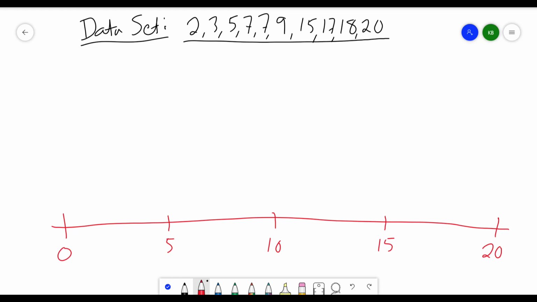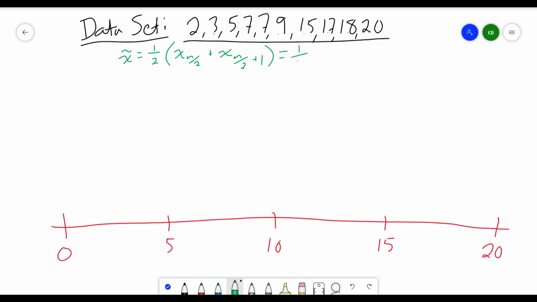So once you've got your number line, we need to find the median. To find the median, we take our x tilde, and it's going to be equal to 1/2 times the quantity x sub n over 2 plus x sub n over 2 plus 1. So we're taking our middle two terms, adding them together and dividing by 2. We're taking the average of the middle two terms here.